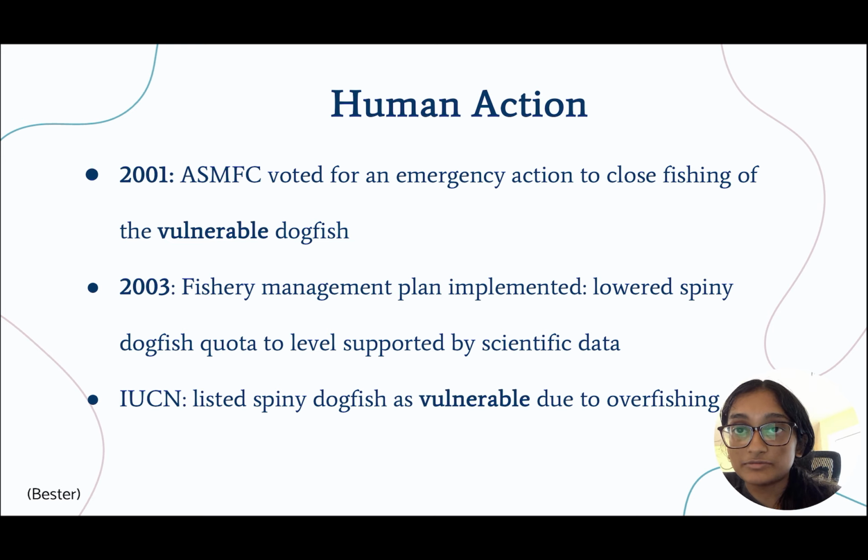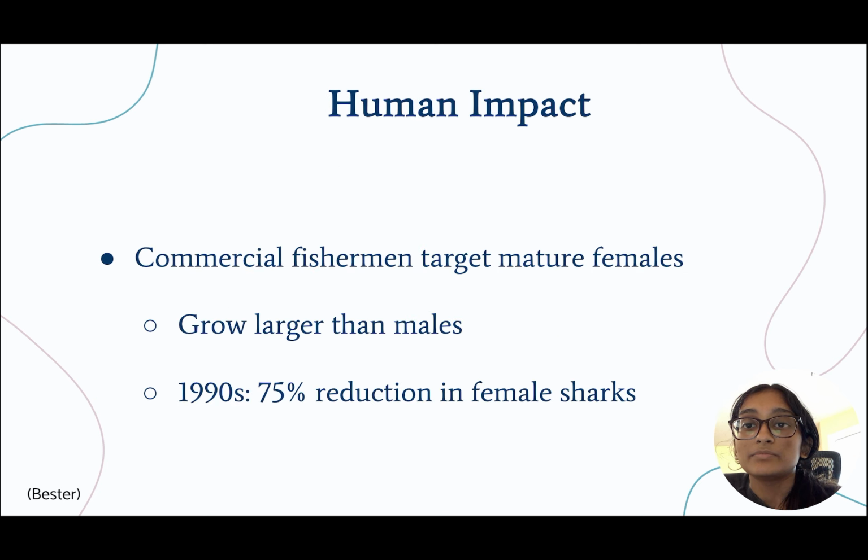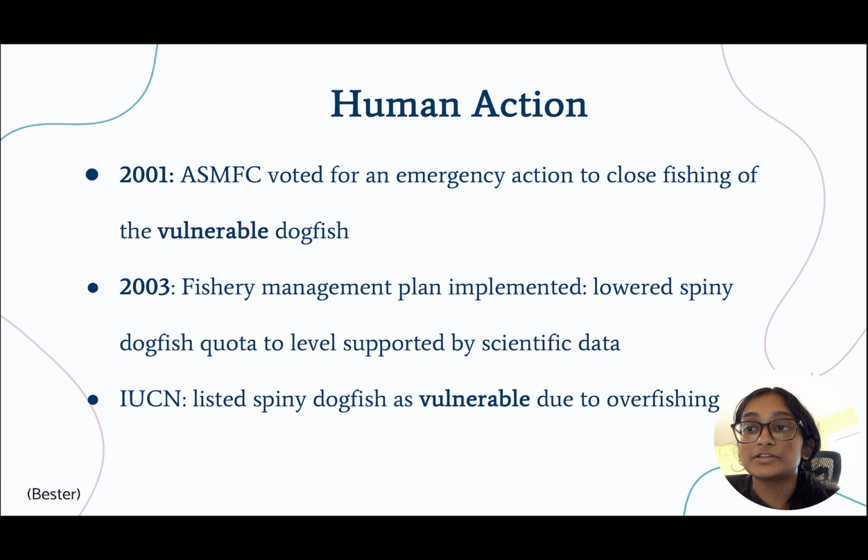In 2001, the ASMFC voted for an emergency action to close fishing of the vulnerable dogfish. At this time, because of the 75% reduction in female sharks, the spiny dogfish became classified as a vulnerable species. 2 years later, in 2003, there was a fishery management plan implemented which lowered the quota of dogfish to be hunted.